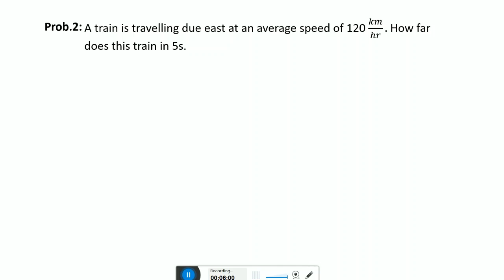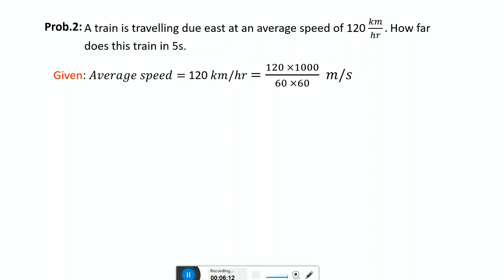So average speed is given, which is equal to 120 km per hour. Convert this kilometer into meter and hour into second, which is equal to 120 into 1000 by 60 into 60 meter per second. Then time t is given 5 seconds, and we have to find out the value of how far, means we have to find out distance.